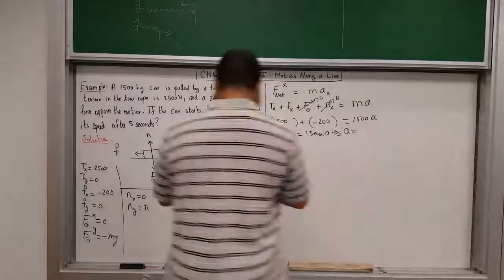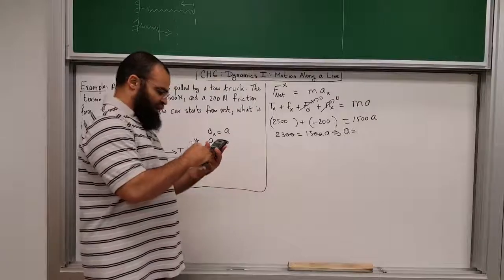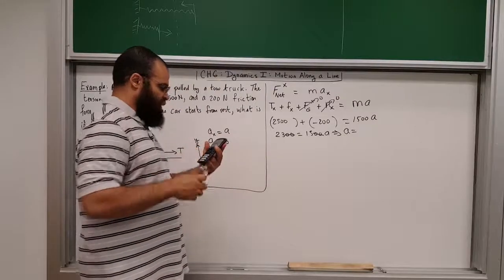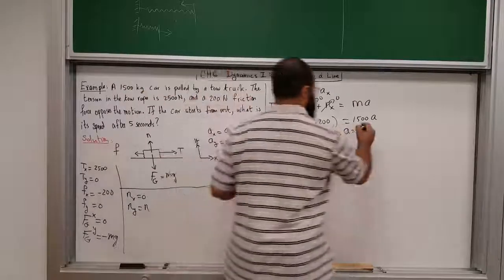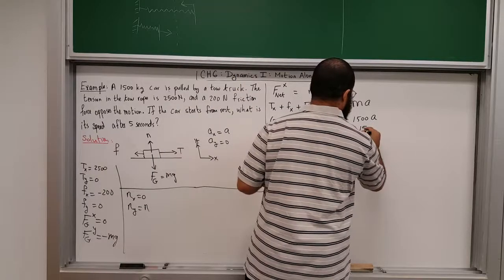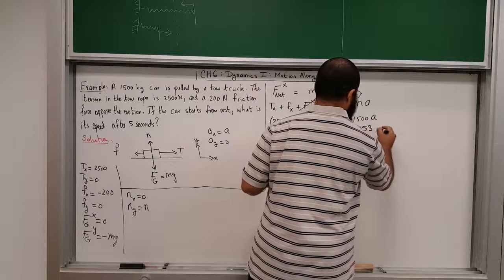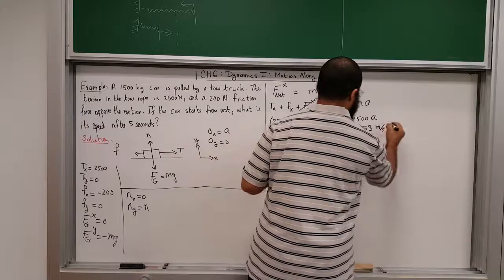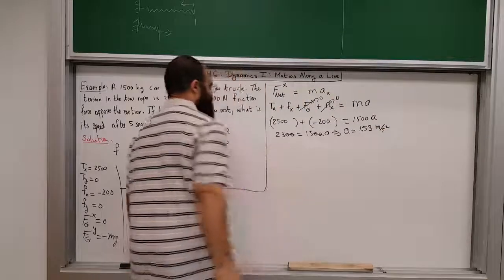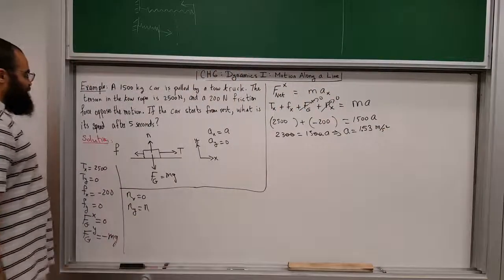So that's 23 divided by 15. I get approximately 1.53 meters per second squared. And so that's the acceleration.